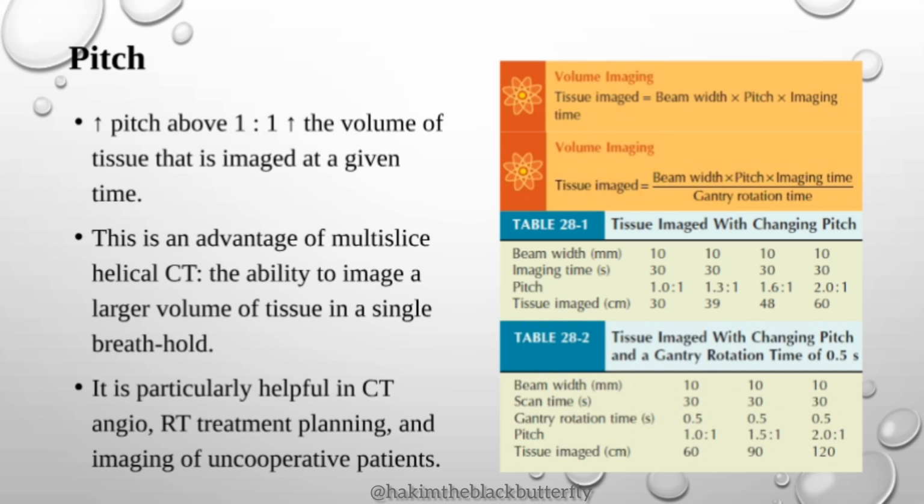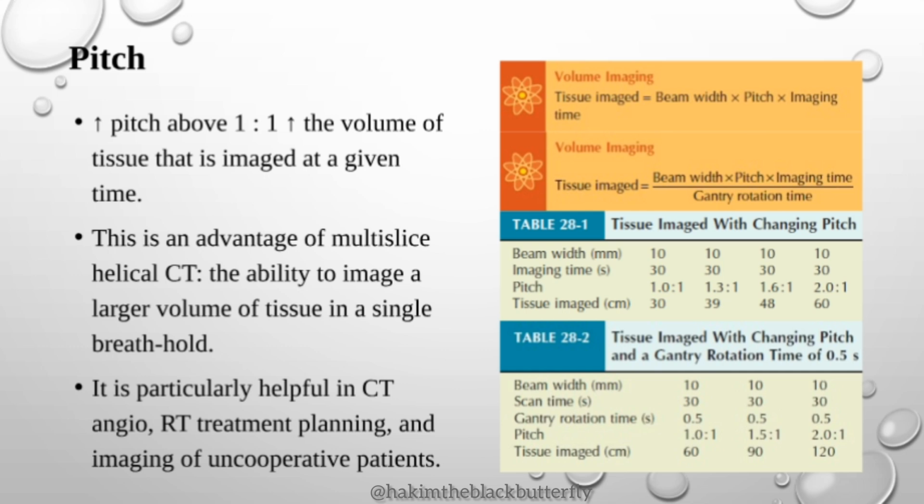If you use a pitch of maybe greater than 1, and you are to scan from the beginning of the chest to the end of the pelvis, you can acquire all that volume within a very short time. From the chest to the pelvis, you can acquire all that volume of the chest together with the abdomen and the pelvis within a very short time.